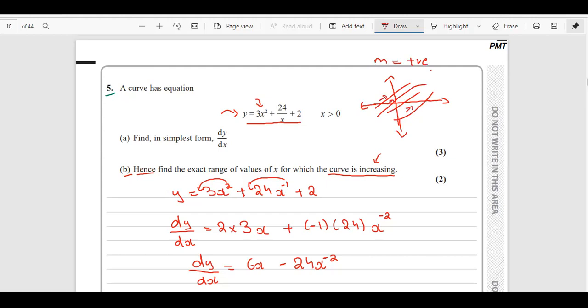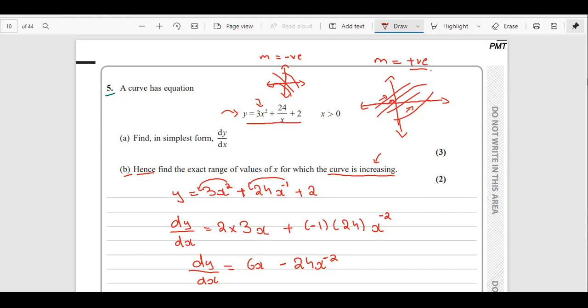So whenever m is positive, it is going upward. And whenever m is negative, that is, slope is negative, our curve or straight line is coming downwards, like this one, like this one, like this one. All these are coming downwards. So, are you familiar with this concept?